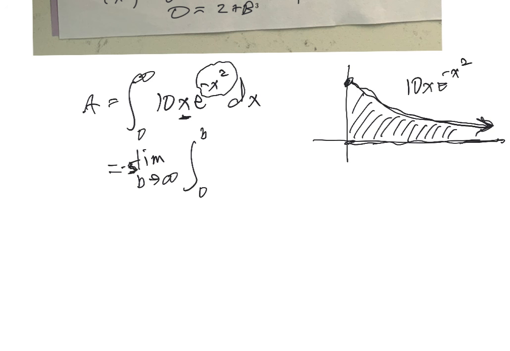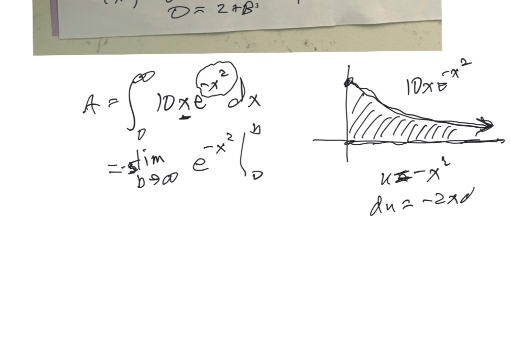Actually, talking my way through this here, we then get the antiderivative is just e to the minus x squared, going from 0 to b. So again, what we're doing is letting u be the inside function. So du is minus 2x dx.